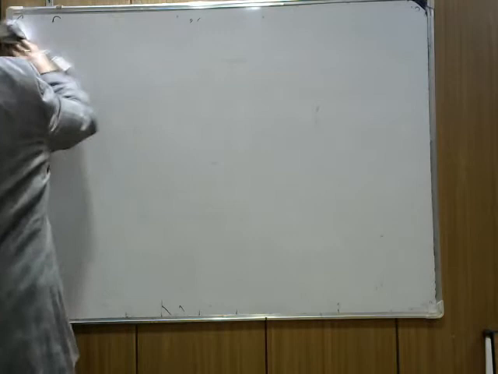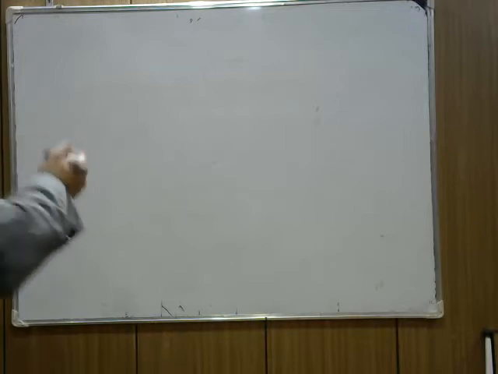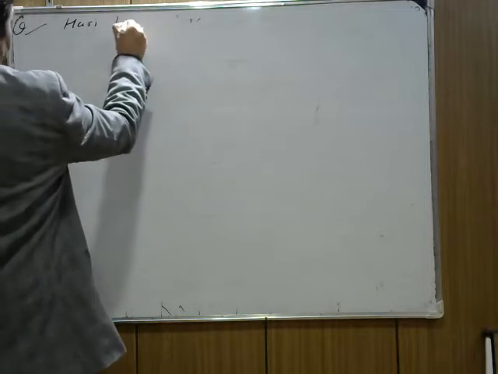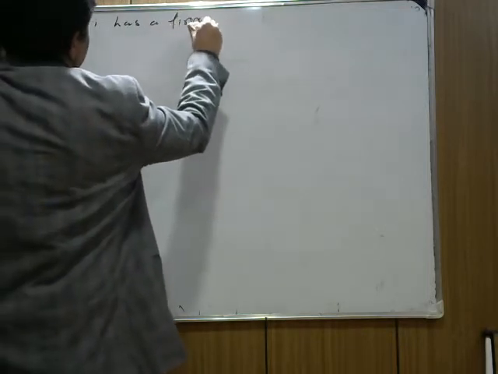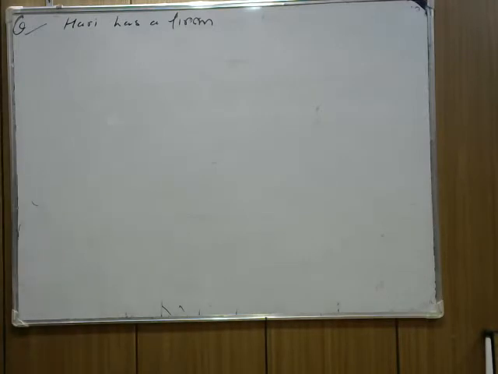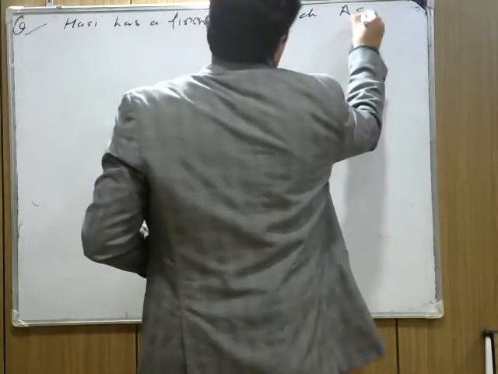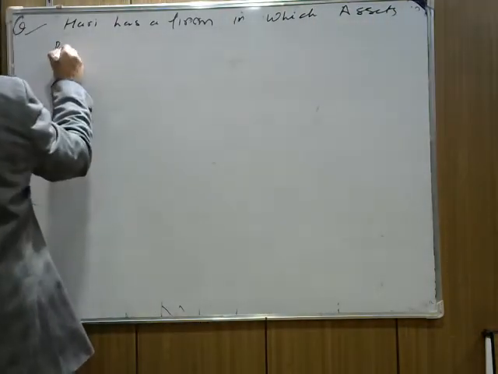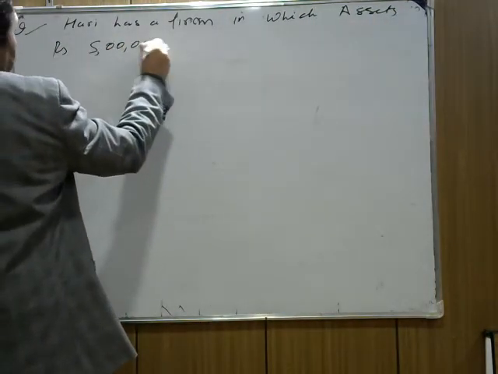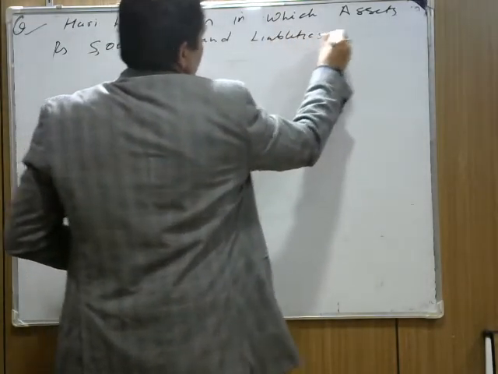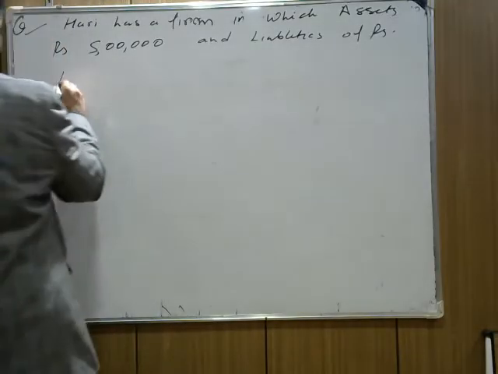Note down the next one. Simple question again. The question is, Hari has a firm. It mentions that in which assets are rupees 5 lakh, and a liability of rupees 1,50,000 is given.